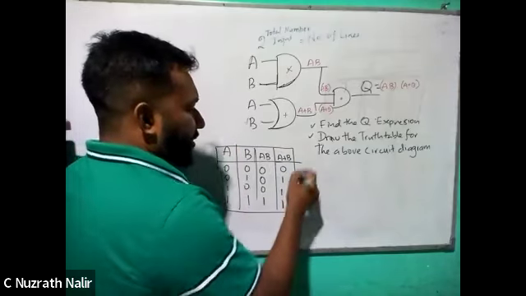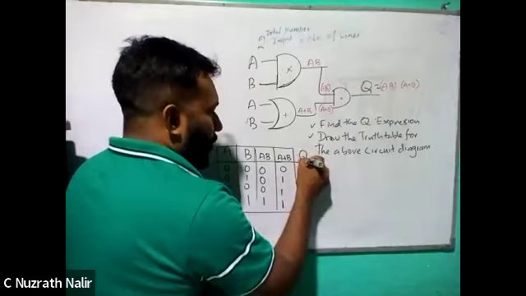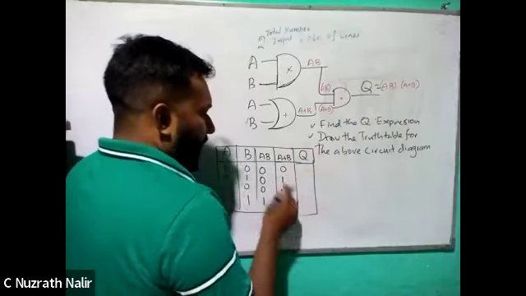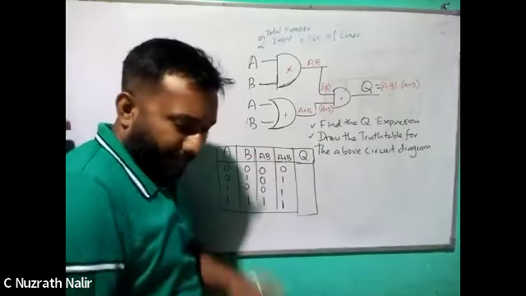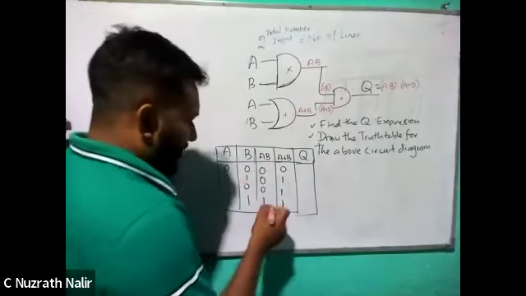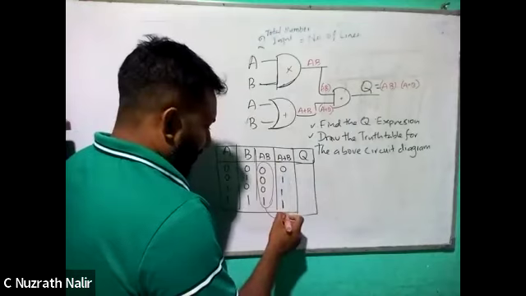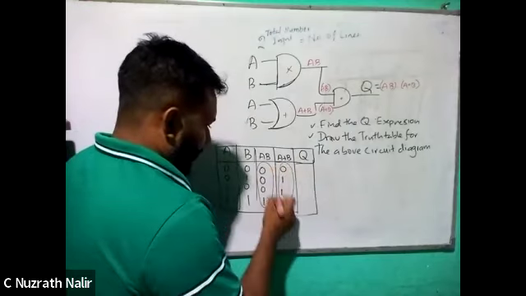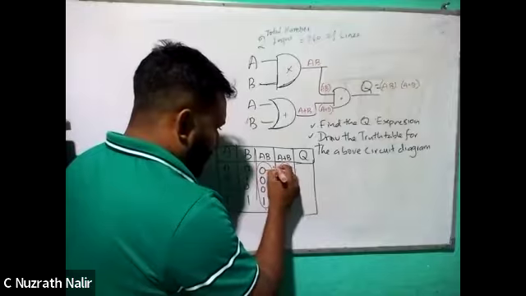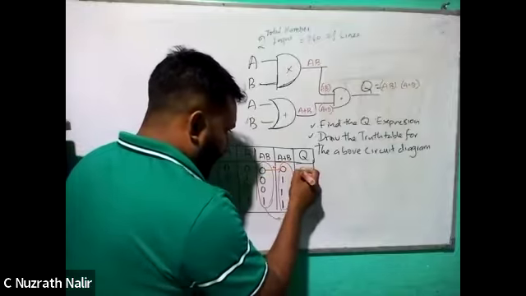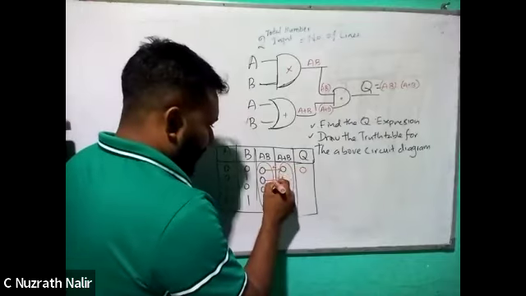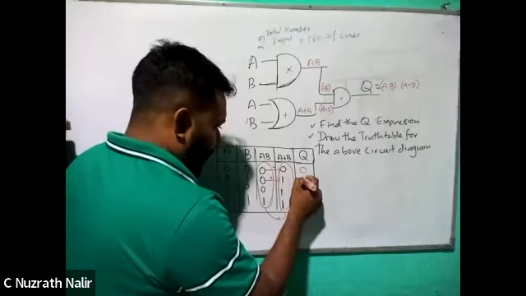Okay, my dear students. So then finally Q. Then Q means we need to add this value plus this value. Then 0 plus 0 is equal to 0. 0 plus 1 is equal to 1.